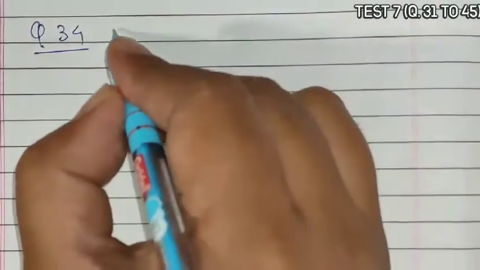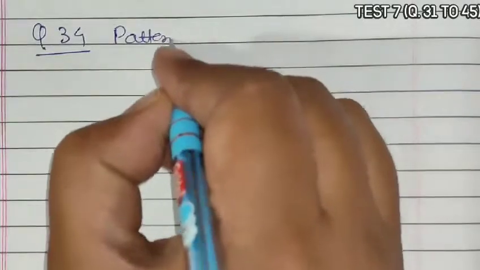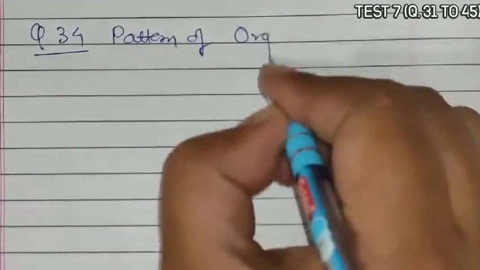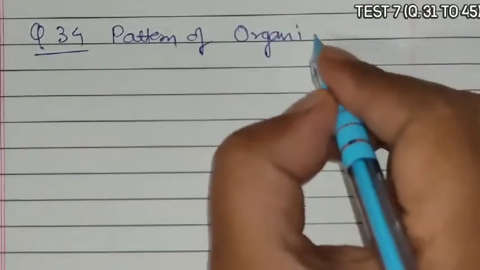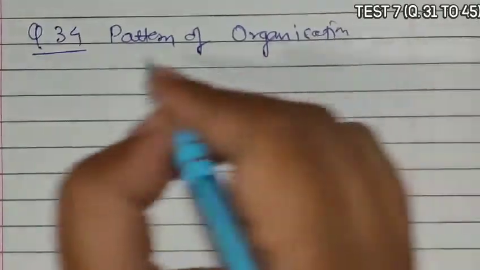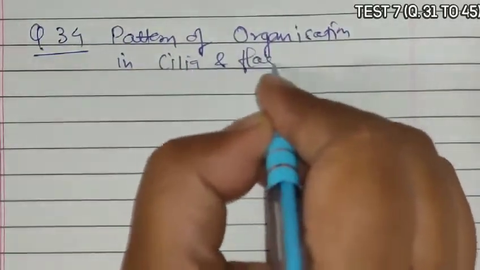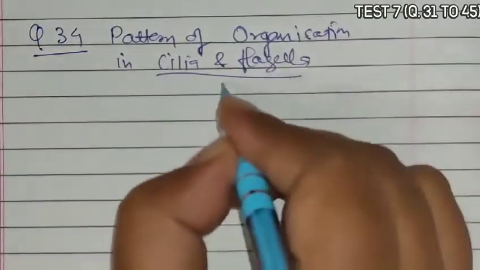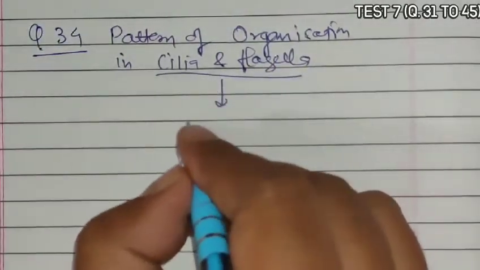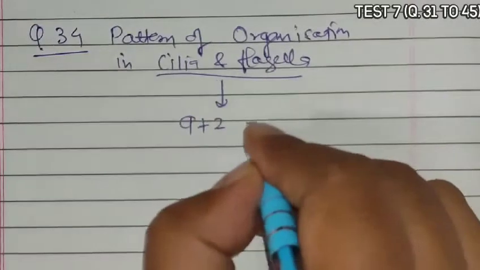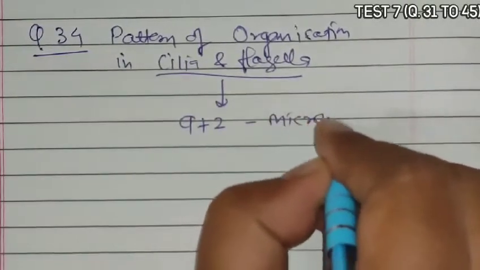Question 34. Question 34 asks that pattern of organization in cilia and flagella. Now, in case of eukaryotic cilia and flagella, there is a 9+2 arrangement of microtubules.